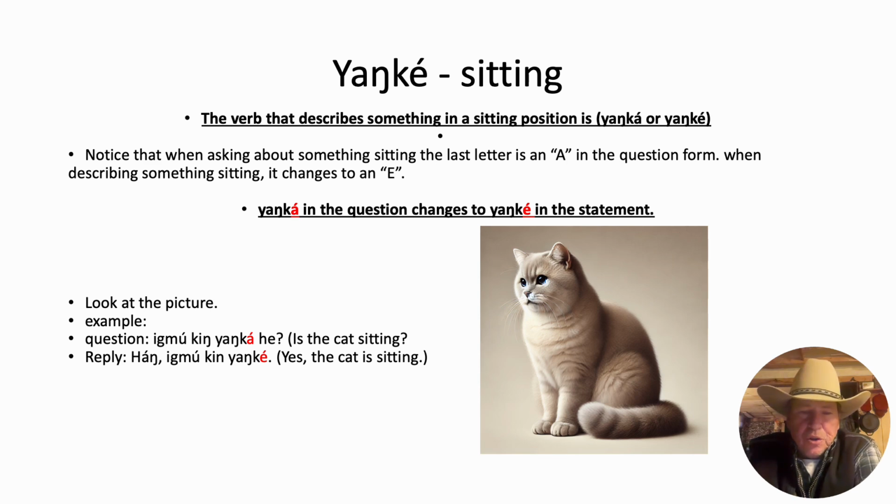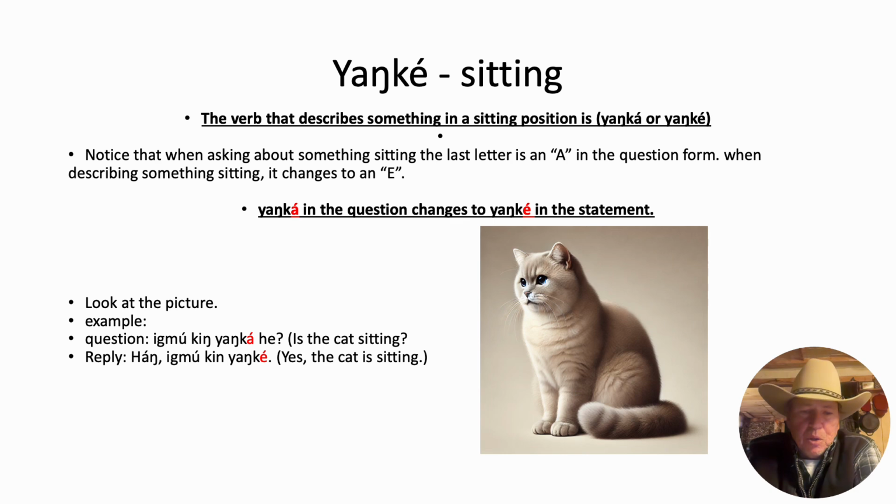So look at the picture, and here's the example. Remember, this is a cat, so igmu. Ki means the, so the cat, igmu ki. Yanka he, or huo, if you want to teach huo, the male question ending.